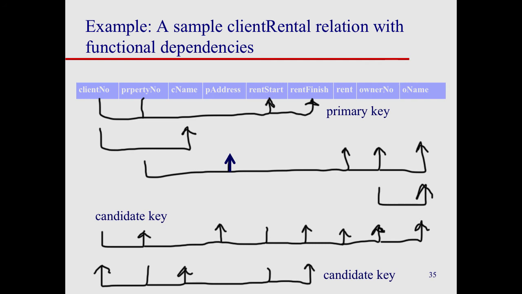So we're removing the client information and putting it into a client entity relation, and we're removing the property information and putting it into a property entity. We'll go into more detail on that on Thursday.